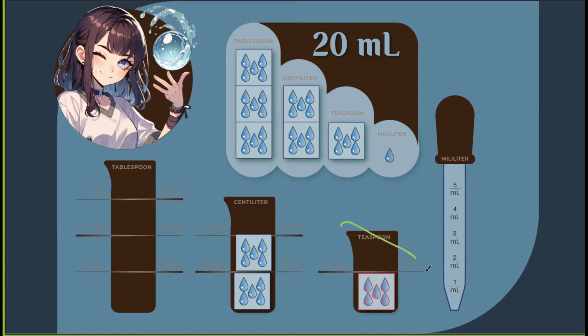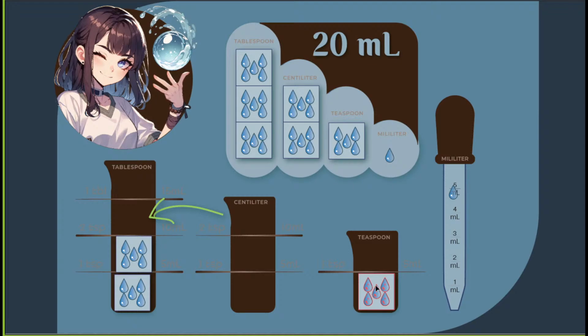And now our teaspoon is full and our centiliter is full. So what we can do now even is, because as soon as we add one more drop into the puzzle, we're going to have to move these containers. So we're going to pour the centiliters over here inside of the tablespoons beaker, and then we're going to pour the teaspoon inside of the tablespoon beaker as well.